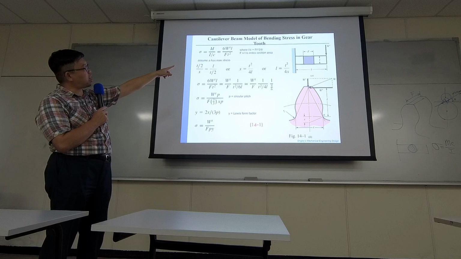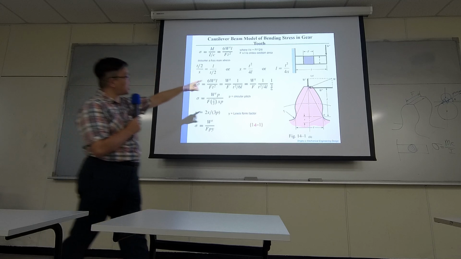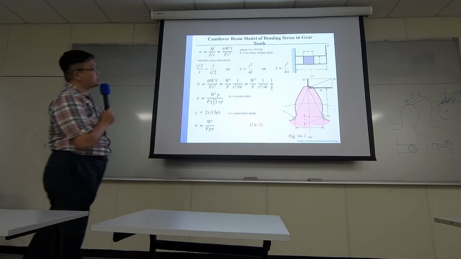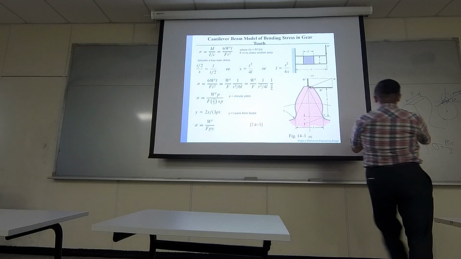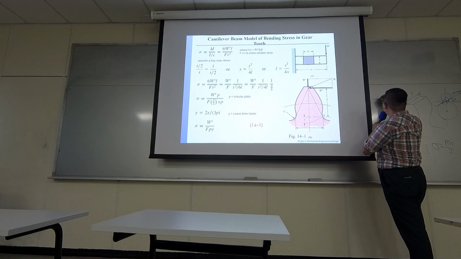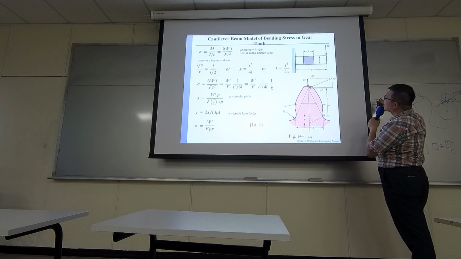How do you compute I over C? Basically C is half of T, so I over C is half of T. So what would be the I?